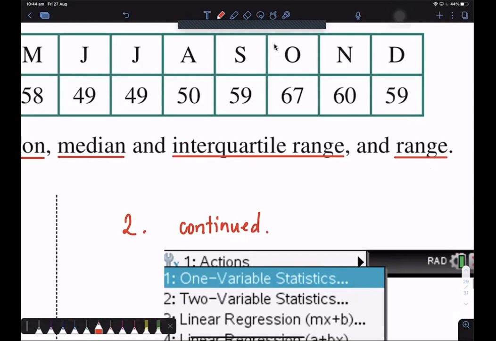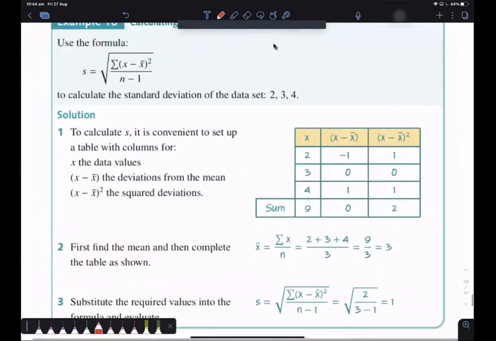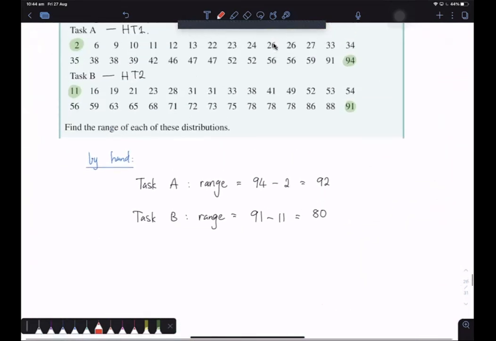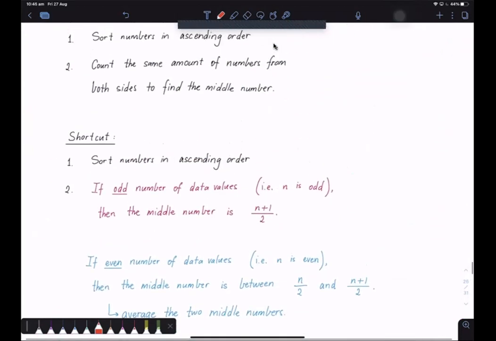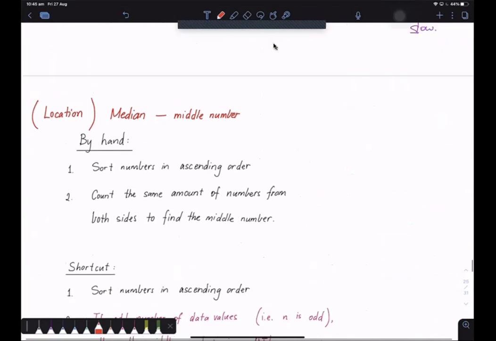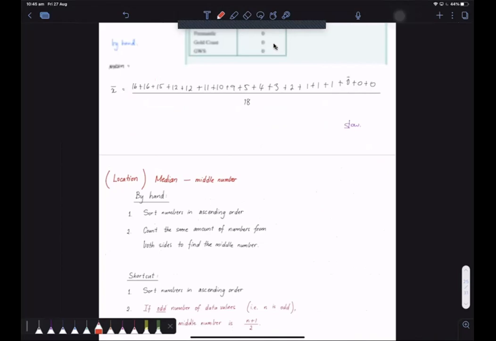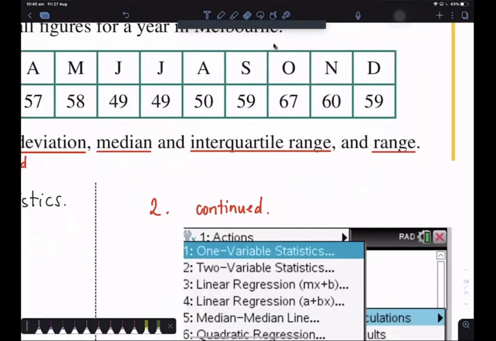Is that measuring location or spread? The median here. Let's have a look at the median. Do you remember what the median meant? The median was the middle number, yeah? Location or spread? Yeah, okay, awesome. So it's the location for this one here.